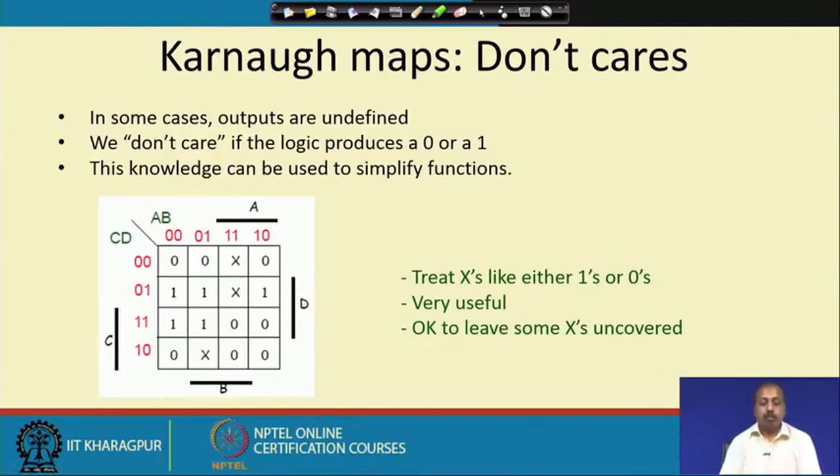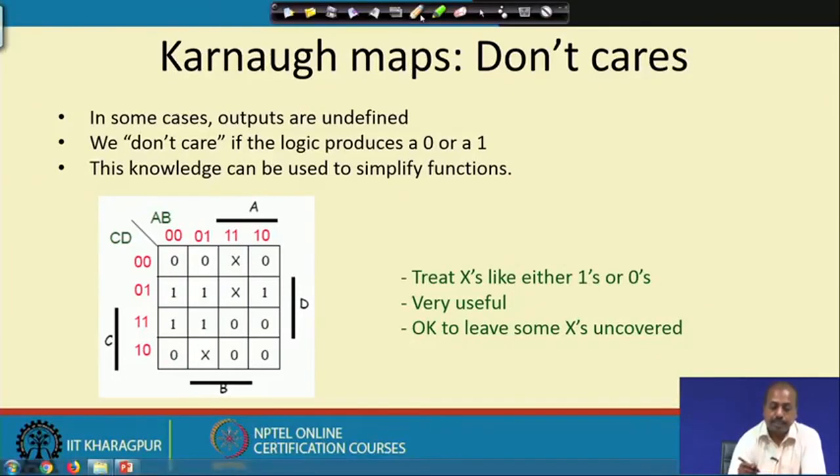Sometimes we have Boolean functions that have some of the terms as don't cares. It may be the case that outputs are undefined, so we do not care whether the logic value produced is 0 or 1.